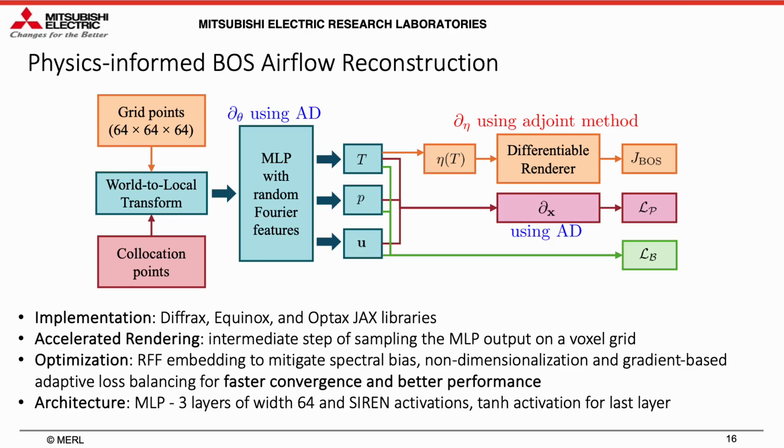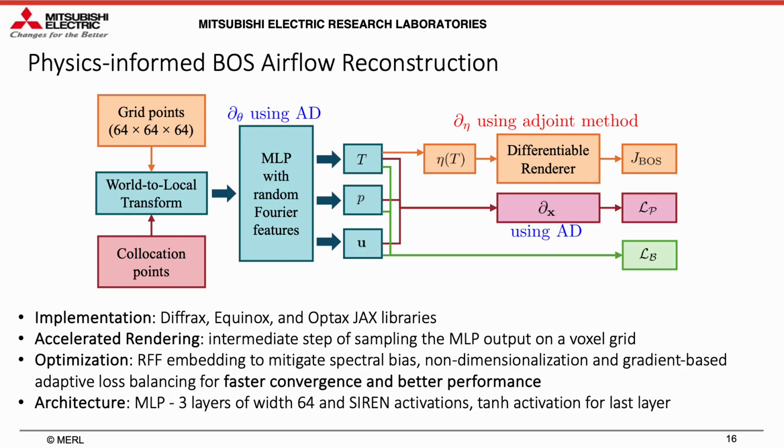A pictorial view of our formulation looks like this. We actually have two types of coordinate representations for the flows. The first type is on a 64 by 64 by 64 grid, and that is primarily used to efficiently run the differentiable renderer to map luminance from the back wall to intensities on the image.